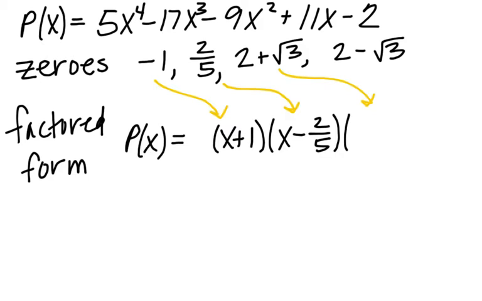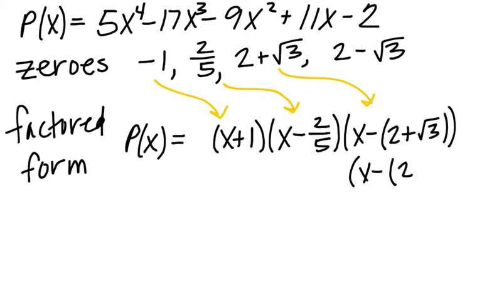If you take the zero and you're creating your factor, it's always x minus that zero. So we would have to write it as x minus the quantity 2 plus the square root of 3. And then lastly, and I'm slightly out of room, so yours would continue on to the right, but my last factor would be x minus the quantity 2 minus the square root of 3. And these would be our 4 linear factors.